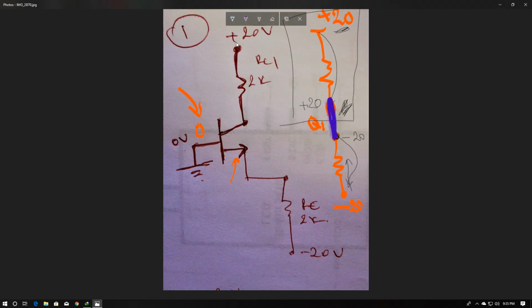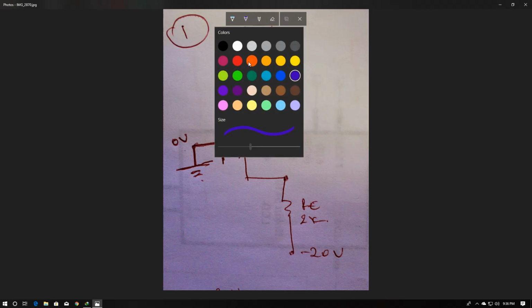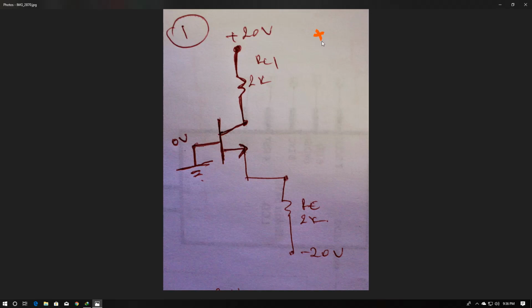Alright. Now, let me remove all this. What we're gonna have is plus 20 volt here, some resistor there, minus 20 volt. You see, now this is where the transistor is. Now the transistor is conducting, isn't it? Now at this point we've got different voltages.